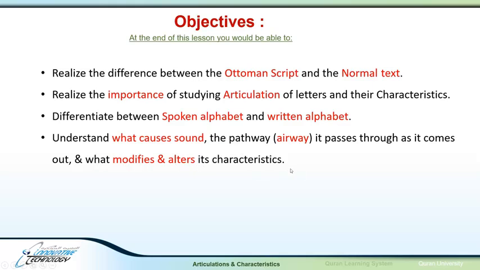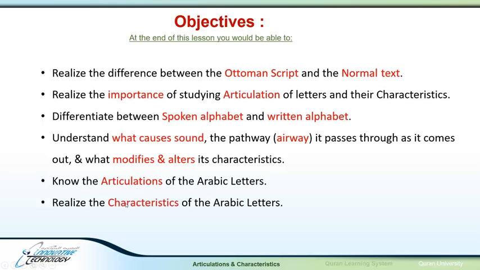In order to do that, we'll be introducing some anatomy and physiology of the upper airway. In addition, we will be understanding how the letters in Arabic articulate, what the articulation zones for those letters are, and what the characteristics of Arabic letters are.